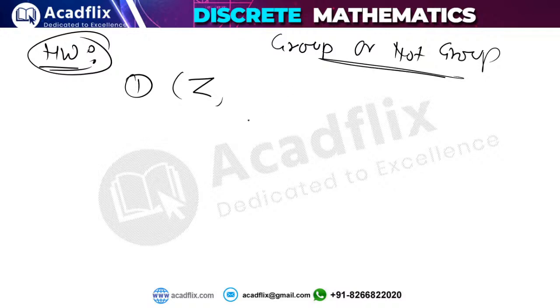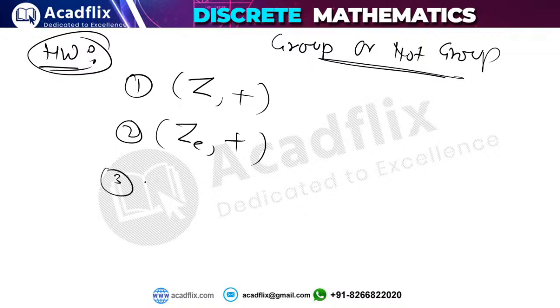The first example is Z comma plus. The second example is Ze comma plus. What is Ze? Ze is the set of even integers. The third example is Zo comma plus. Zo is the set of odd integers.